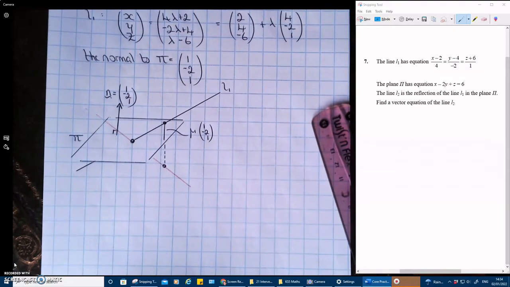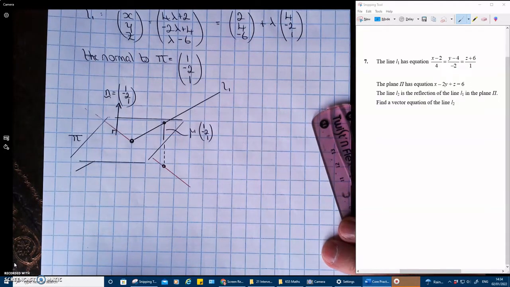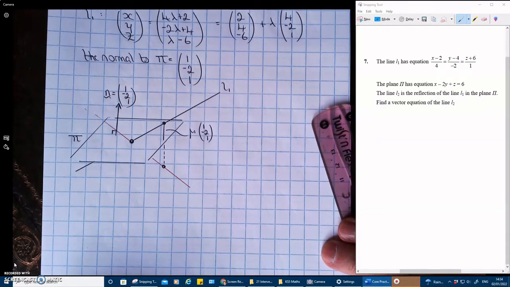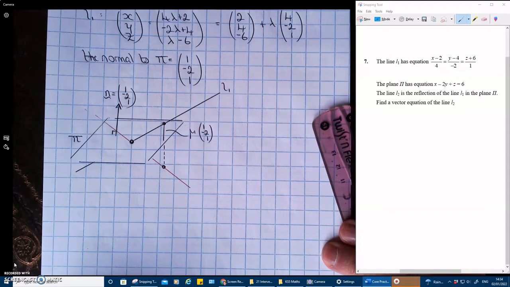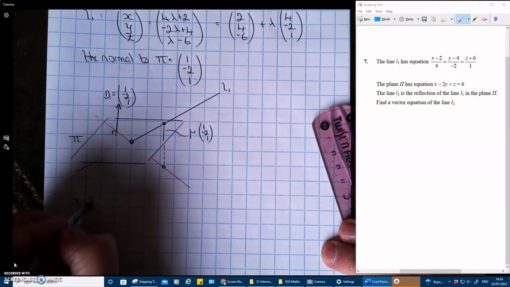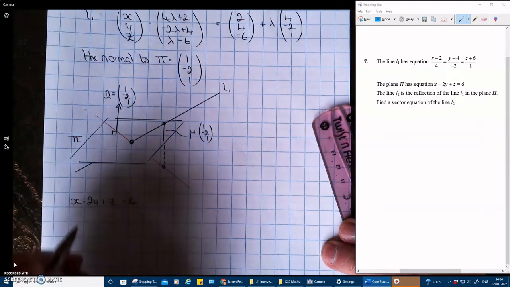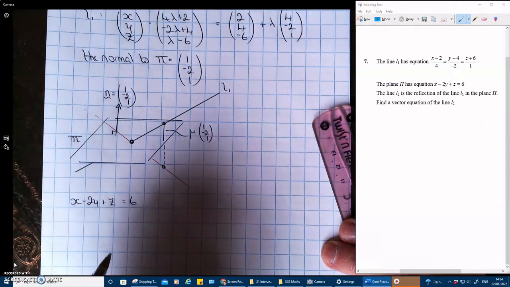Let's first of all find this point here where it intersects the plane. Now we know that we've got the equation of the plane, which is x take 2y plus z equals 6. I know the equation of the line. I've got the x, y and z values at the top here.